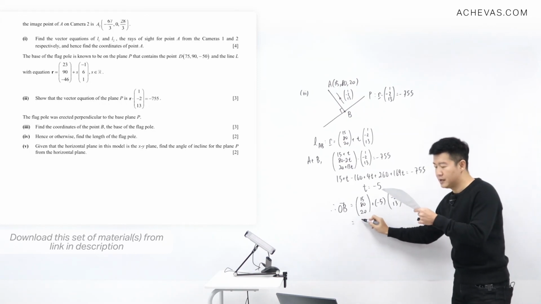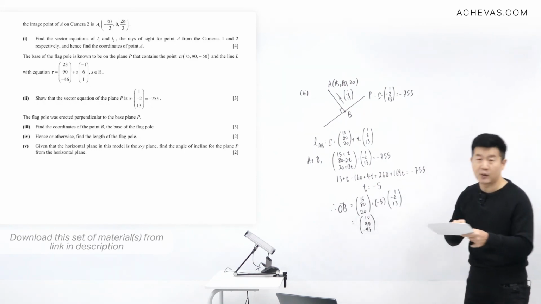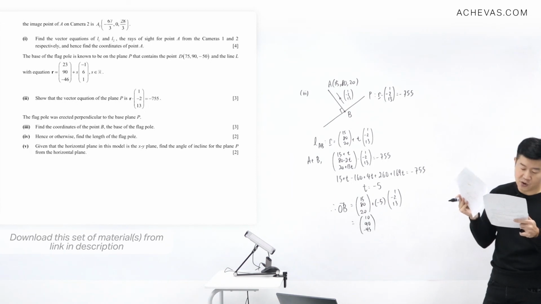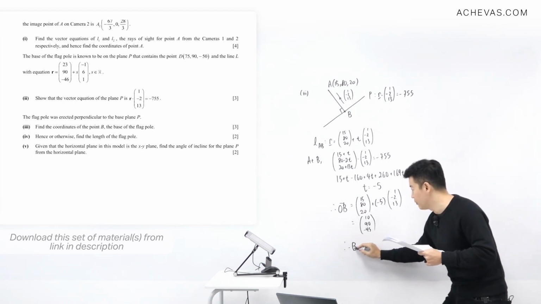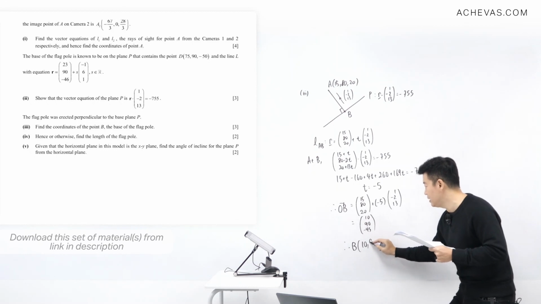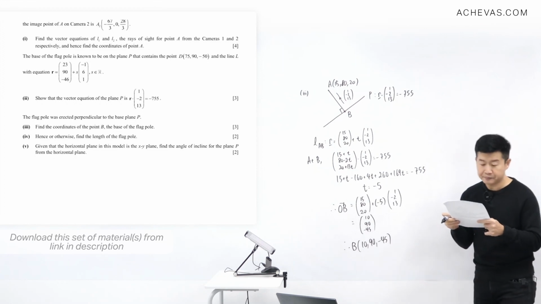So OB here is equal to (10, 90, -45). And what the question is asking us for is the coordinates. So therefore, the coordinates of point B is (10, 90, -45).